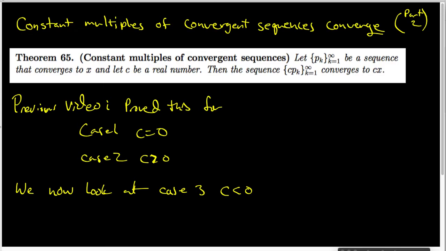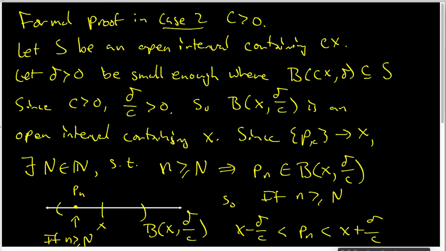So here's the proof of case 2. And I'm going to be marking this up in a different color. So this is going to be our scratch work for case 3. And in case 3, we're going to be changing this to c is less than 0.